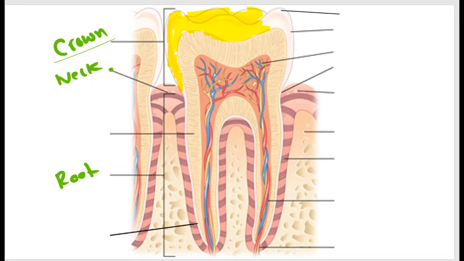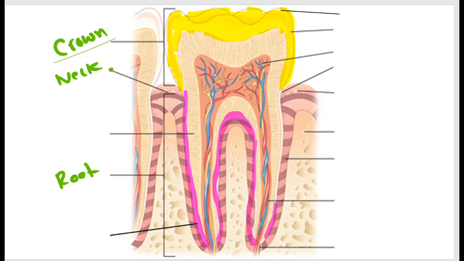The root part, or the anatomical root, is the part that is covered by cementum, and we know that cementum is this layer here that surrounds the tooth in the root area, right? So we have crown and roots, and then the neck of the tooth.